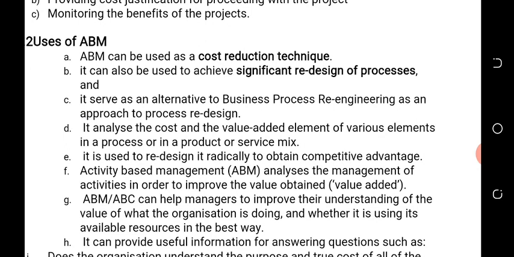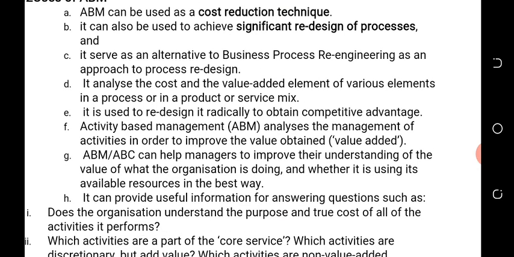redesigning of processes, and it serves as an alternative to business process re-engineering.